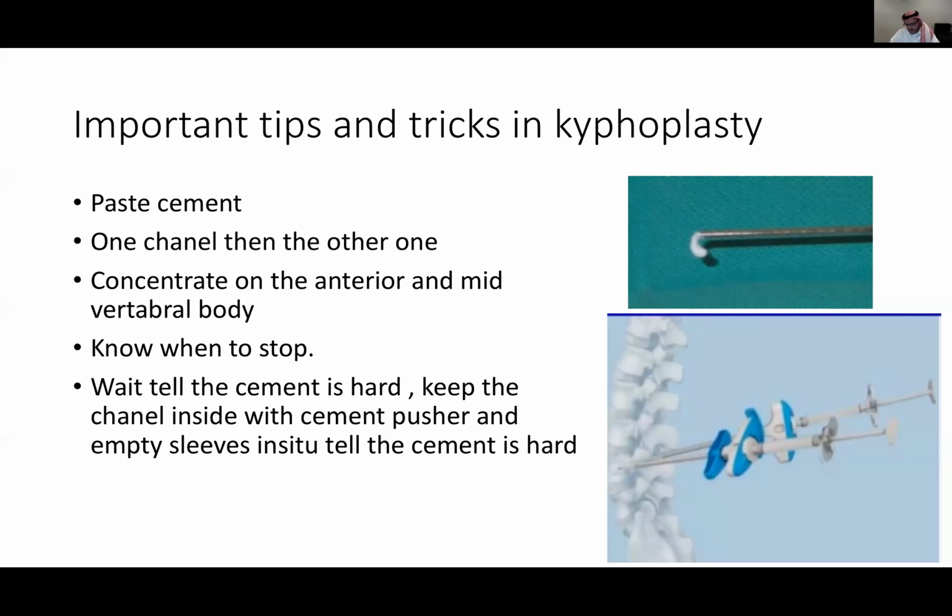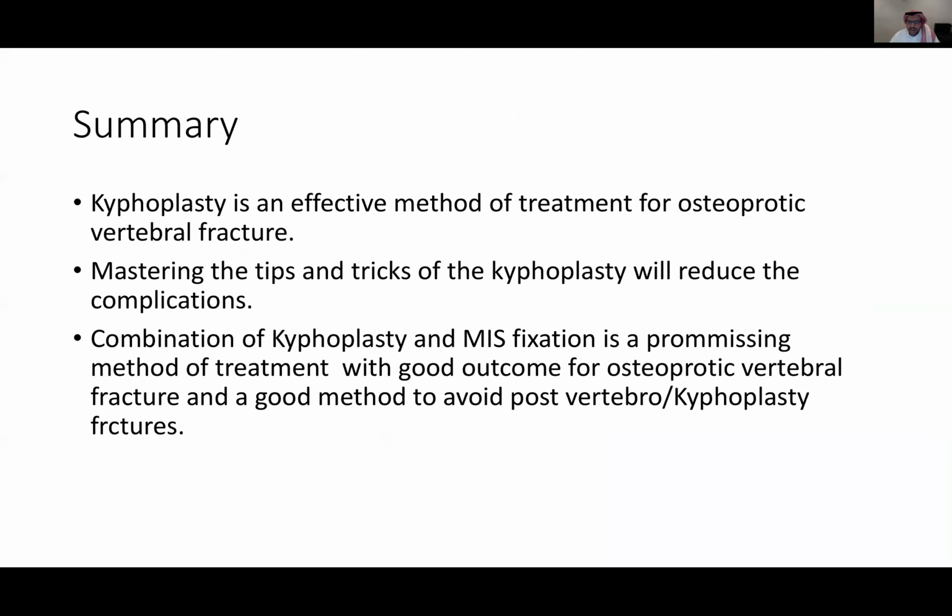So in summary, I think kyphoplasty, and the literature says it's an effective method of treatment of osteoporotic vertebral fracture. And to avoid the complications of kyphoplasty or even vertebroplasty, you need to know the tricks and tips and your instrumentation very well. The combination of kyphoplasty, minimally invasive, is a promising method.